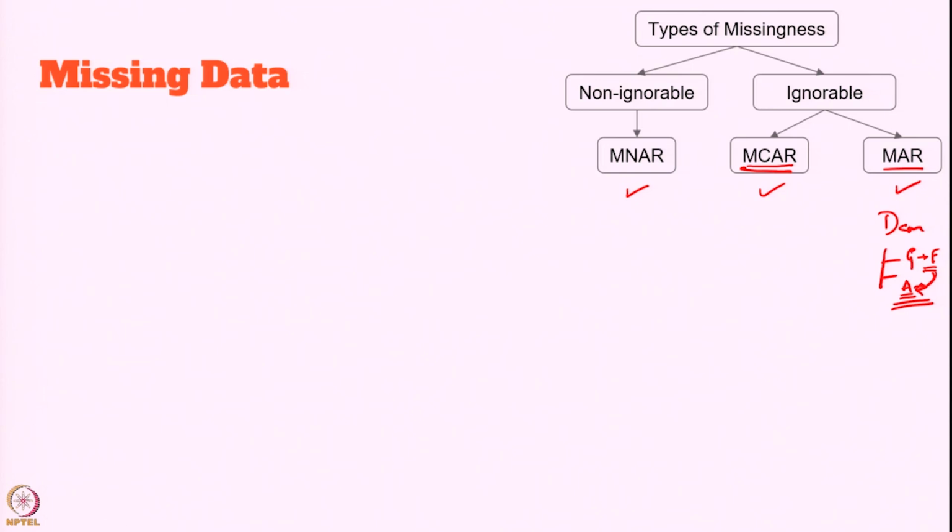That is MAR. Now the third one is MNAR. MNAR stands for missing not at random. So the missing values depend on the unobserved data, and if some structure or pattern in the missing data cannot be explained by other observed data, then it is missing not at random.